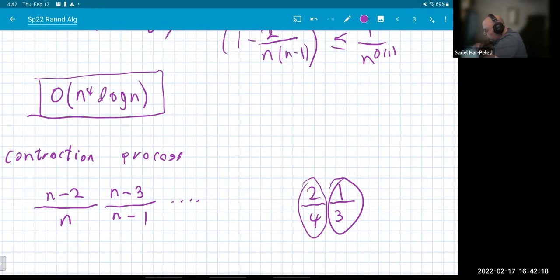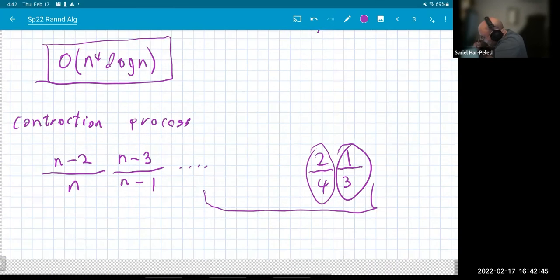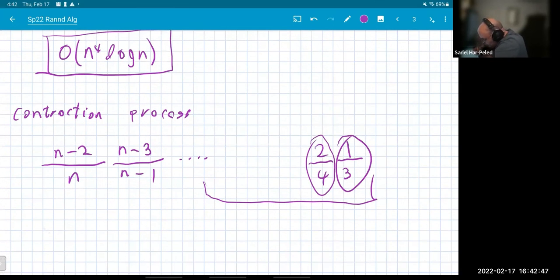So the probability of success of every iteration starts very high, and as we succeed, it declines. Fortunately for us, when we multiply those probabilities, we still get something good, but the end of this product is terrible. So the natural idea is to say, okay, let's stop at some point.